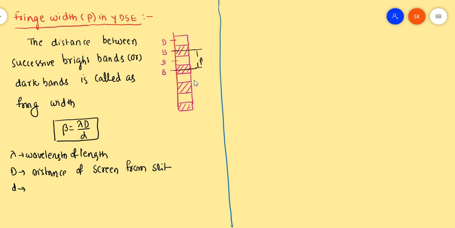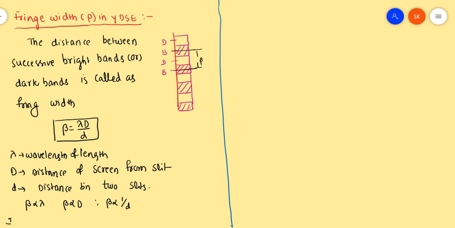Small d is the distance between the two slits. You know very well. Now beta is proportional to lambda, beta is proportional to capital D, and beta is inversely proportional to small d.